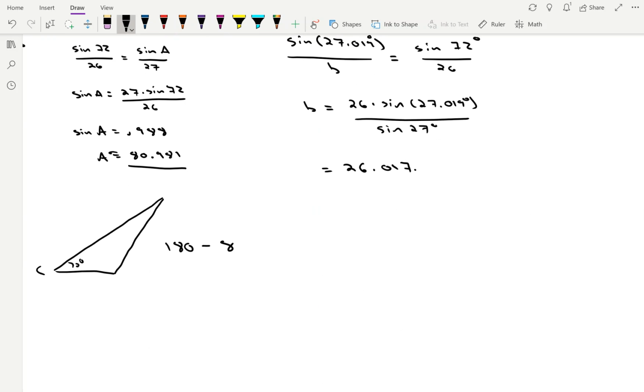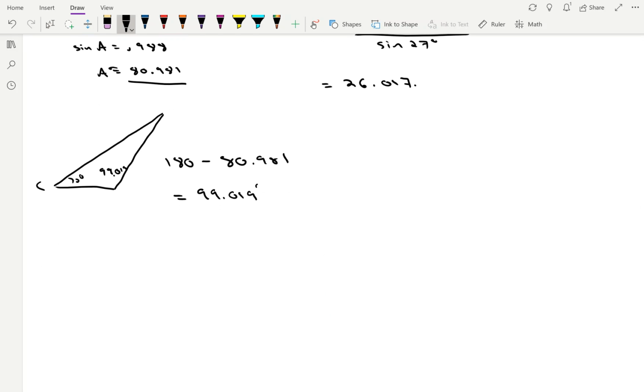So 180 minus 80.981 gives us 99.019. Notice one's less than 90 degrees, one's more than 90 degrees, so that's a nice fact.